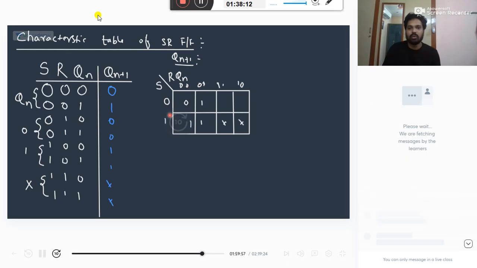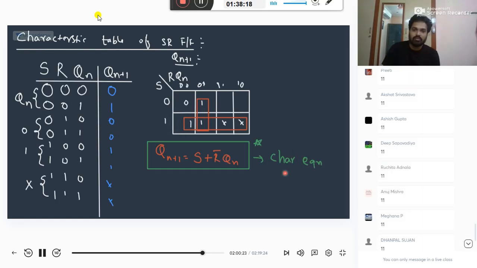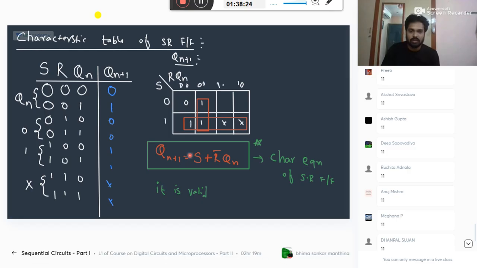By using this, you can make Q n plus 1 equals S plus R bar Qn. This equation is valid for 0 0, 0 1, 1 0, but not for 1 1.